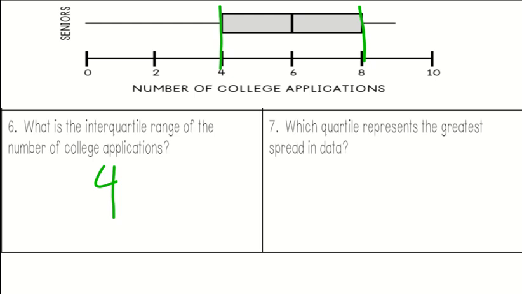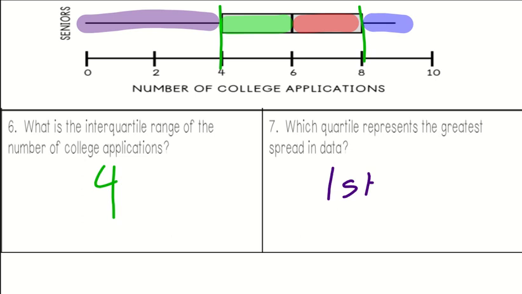So basically what it's asking you, there's your first quartile, there's your second quartile, third quartile, fourth quartile, the 4 sections. It's asking you which quartile represents the greatest spread in the data. Robert? First quartile.